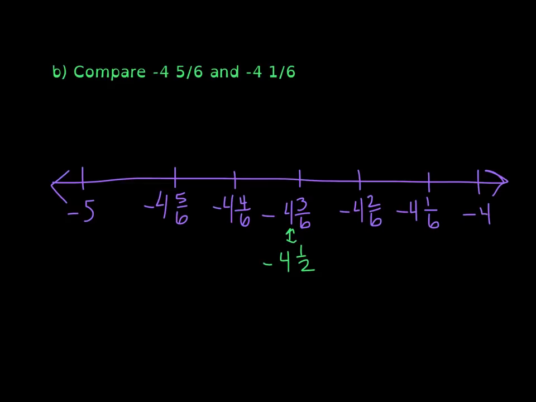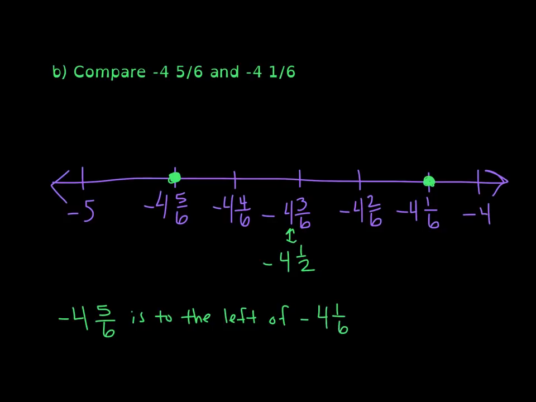All right, so the next thing is we have to compare them, so we have to put them on the number line. Negative 4 and 5/6 is right here, and then negative 4 and 1/6 is right here. So looking at them, we know that negative 4 and 5/6 is to the left of negative 4 and 1/6.